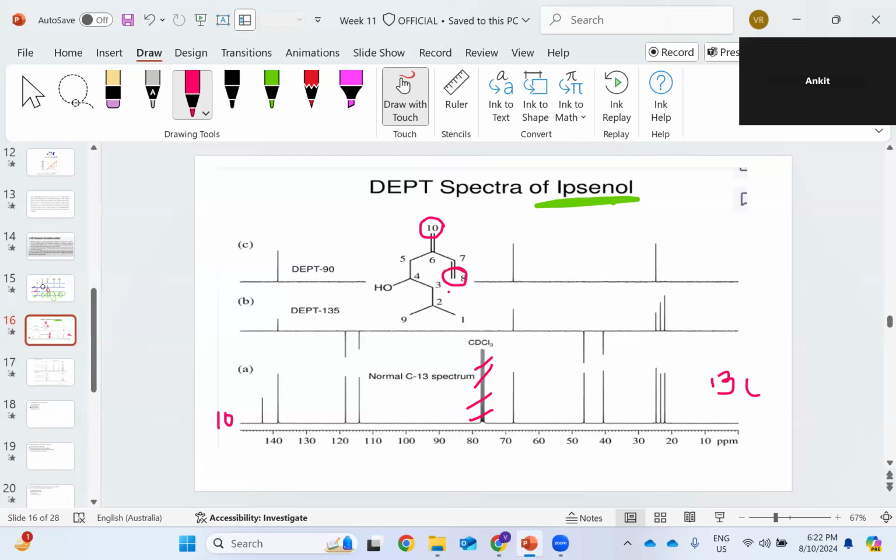So we have two carbons in the olefinic region. Olefin means it's around 100 to 120, right? Here there are two signals in the range of 100 to 120, so we can easily distinguish that this carbon should come in the olefinic region.